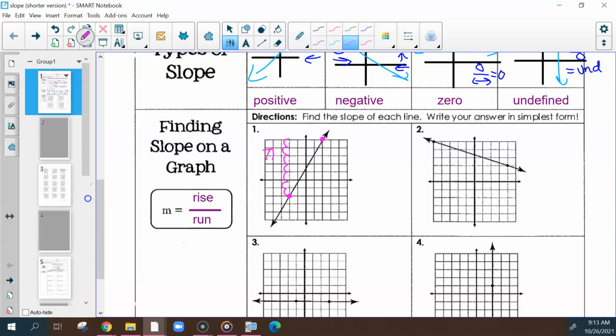Yeah. And then 4 over. So I'm going up 7, to the right 4, up and right are both positives. So I can say that my slope is positive 7/4.